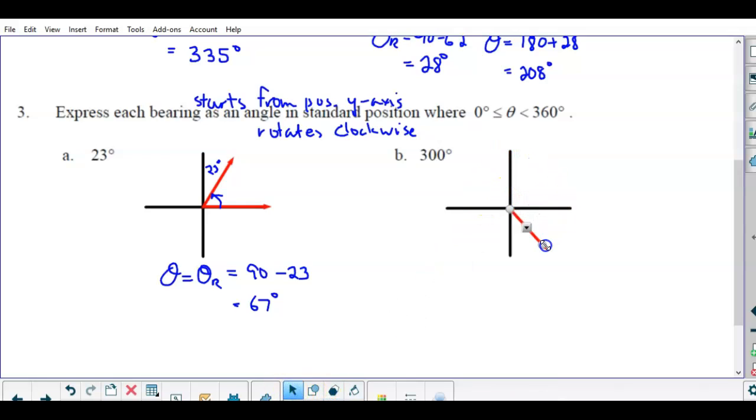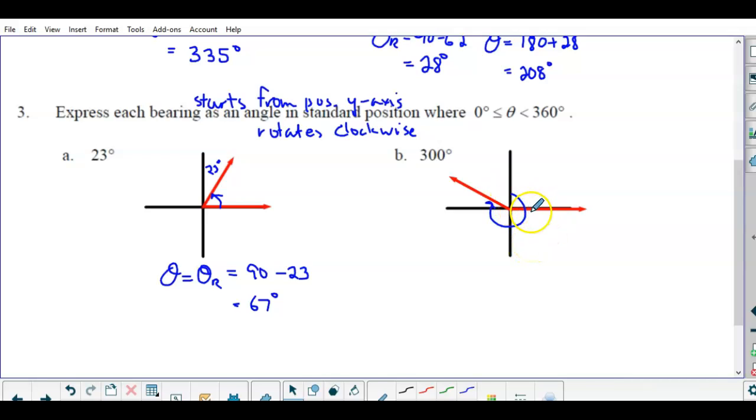So there's 90, 180, 270, 300. Again, to convert it to a standard position angle, we need to start at the positive x-axis. And so now we know that that is 300 to here, right? So this is 300, okay? But that's not our standard position angle.